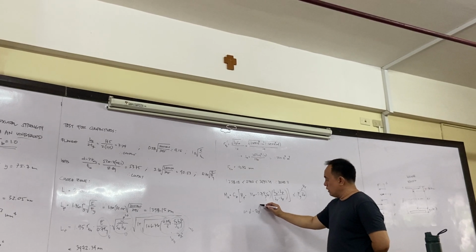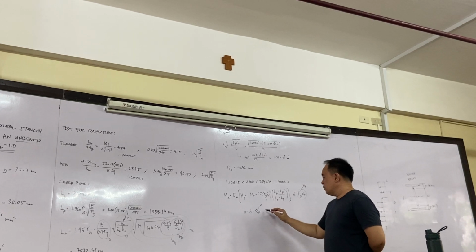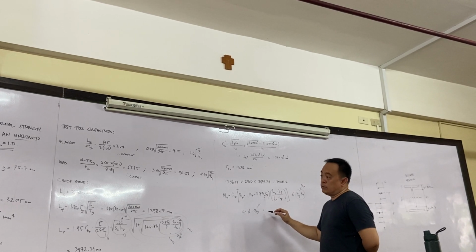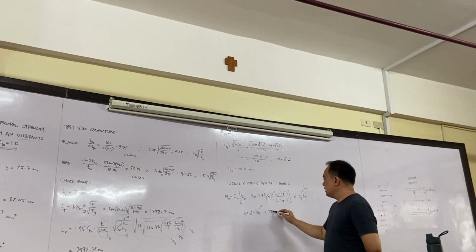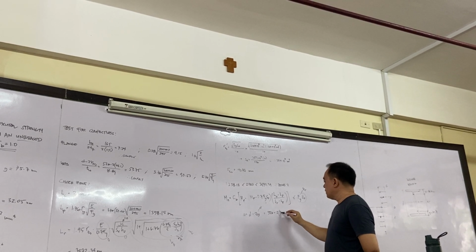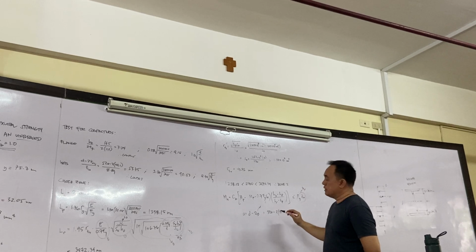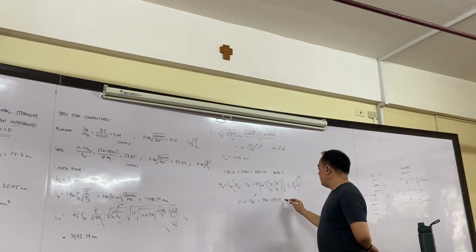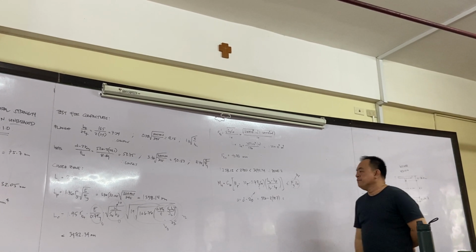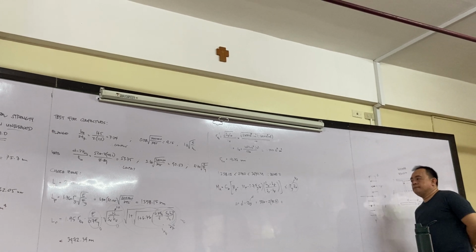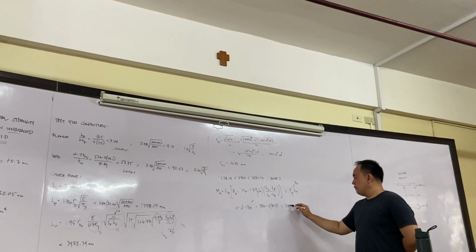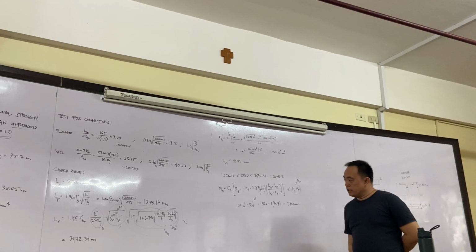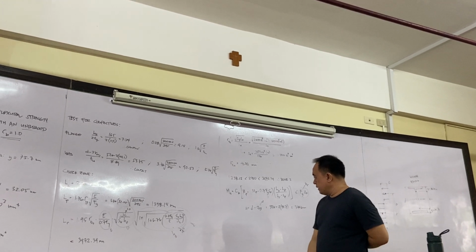D is 526 minus 2 times 75.7. So you will have A equals 374.6 millimeters.